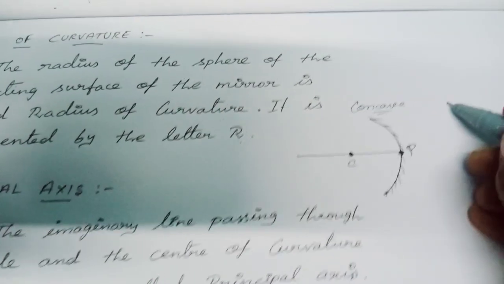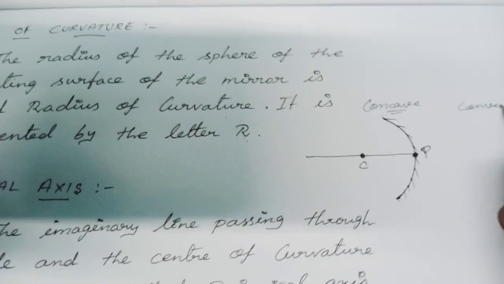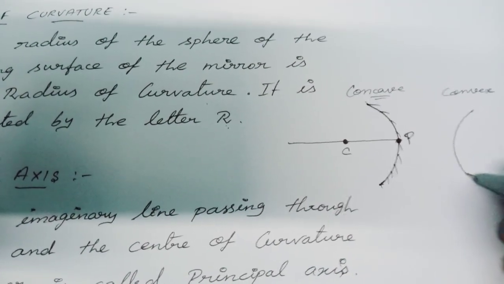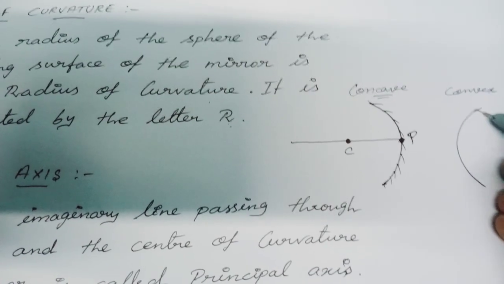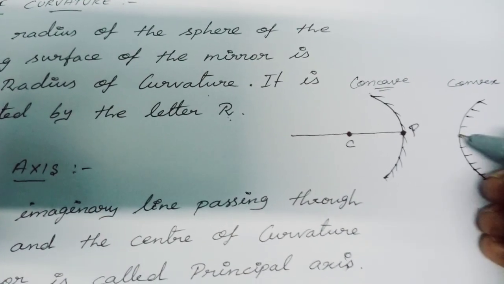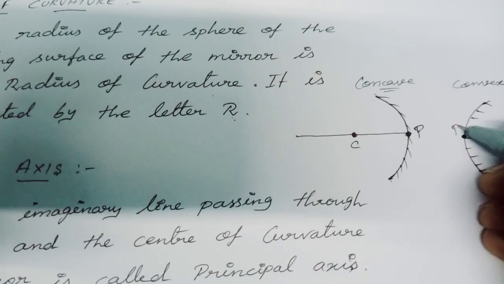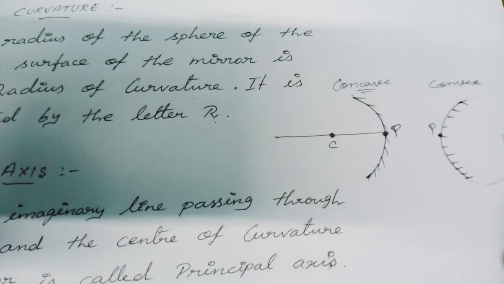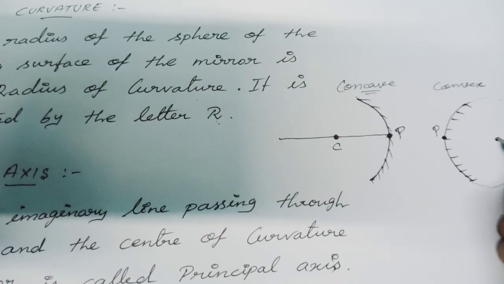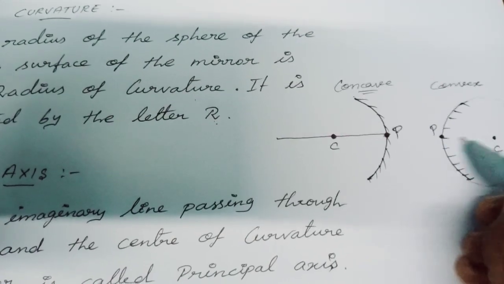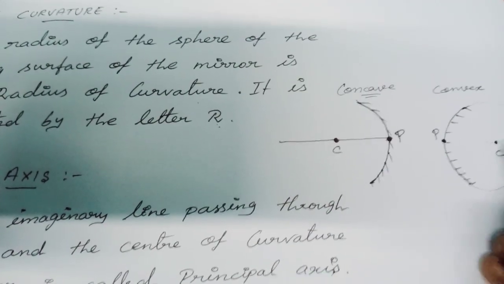For a convex mirror, see how to draw the principal axis. We know this is a convex mirror, and this is the non-reflecting part of the convex mirror. This is the pole, represented by the symbol P, and the center of this sphere is the center of curvature, C. This distance is the radius of curvature.